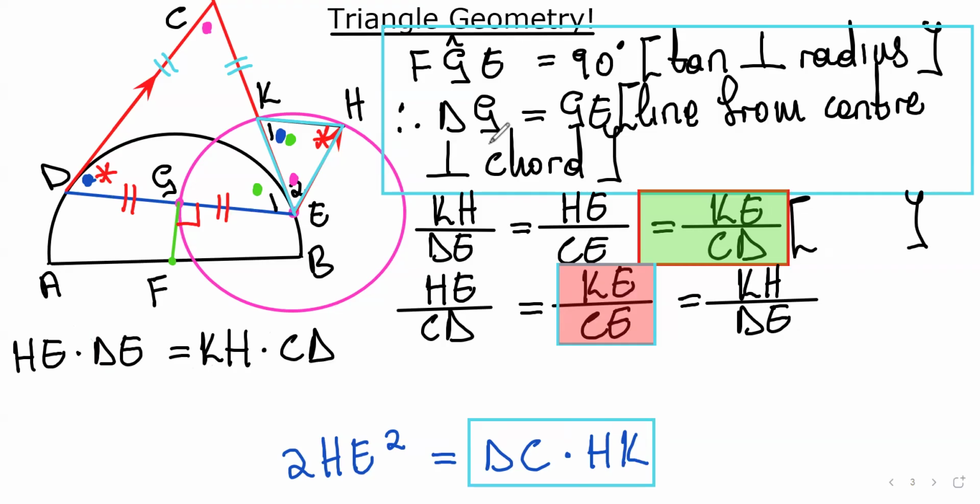Now we just need to deal with DE. How can we deal with DE? To be more precise, we need to express DE in terms of HE. That's all we need to do, and then we should be fine.